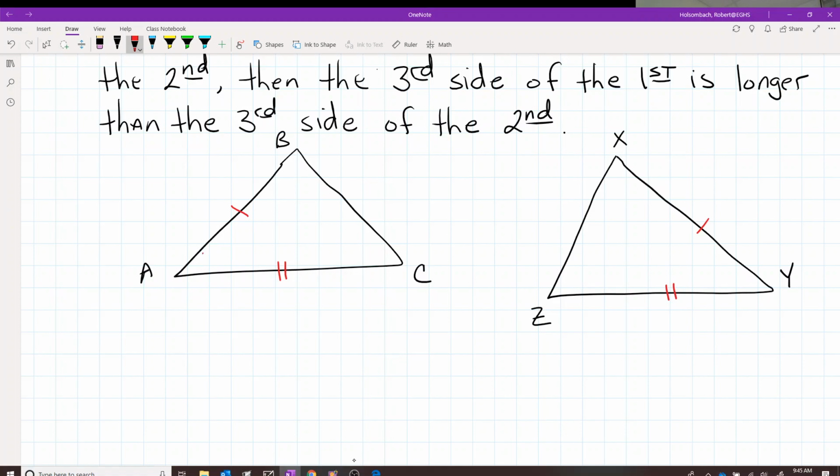If the triangle on the left is open 48 degrees and the triangle on the right is open 37 degrees, and you're asked to compare BC to XZ, so you're comparing the length of the third side of the triangle on the left to the third side of the triangle on the right. Well, isn't BC going to be greater than XZ? So BC is greater than XZ.